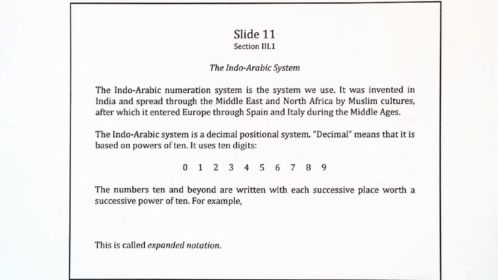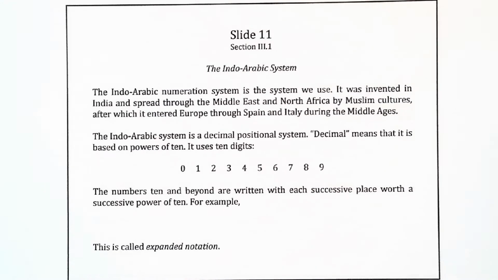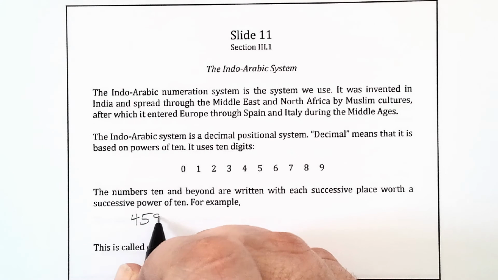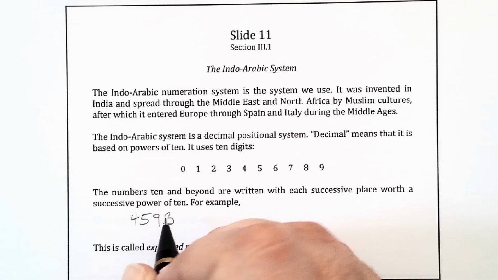The numbers 10 and beyond are written with each successive place worth a successive power of 10. So for example, I could write something like 4, 5, 9, 3.